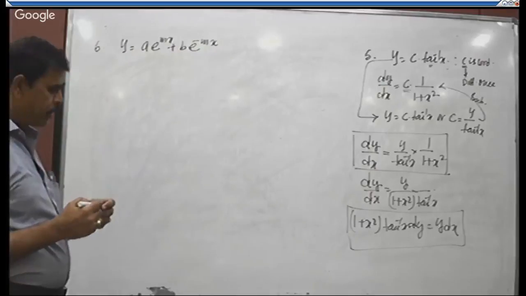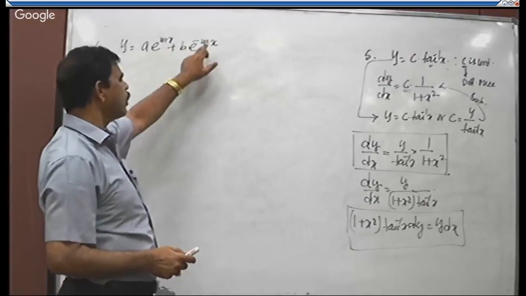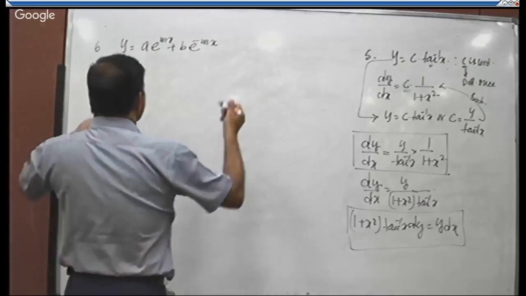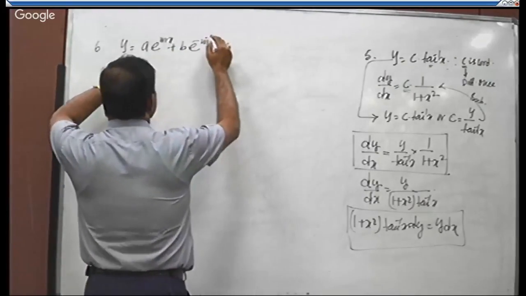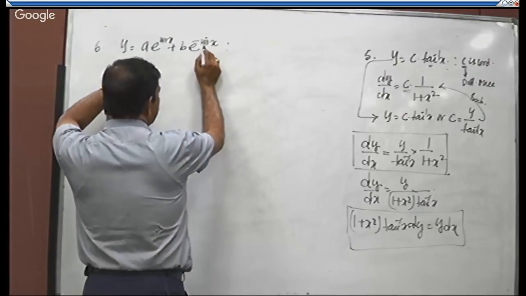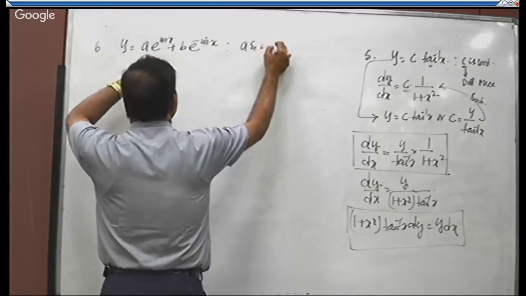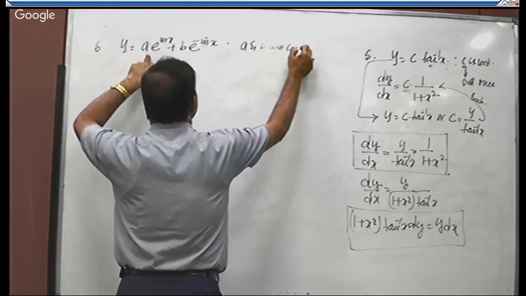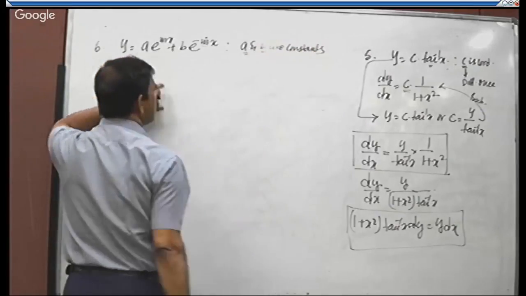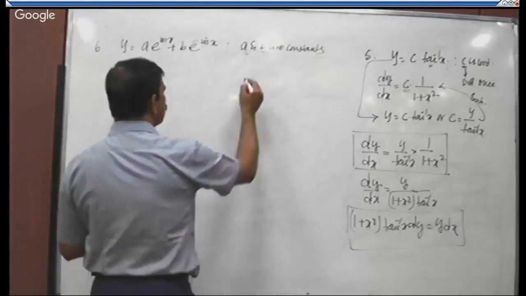How many constants are there? Don't think m is a constant; it is an absolute constant, not an arbitrary constant. Let a and b be the constants, right? How many constants are there? 2. Then we have to differentiate 2 times.